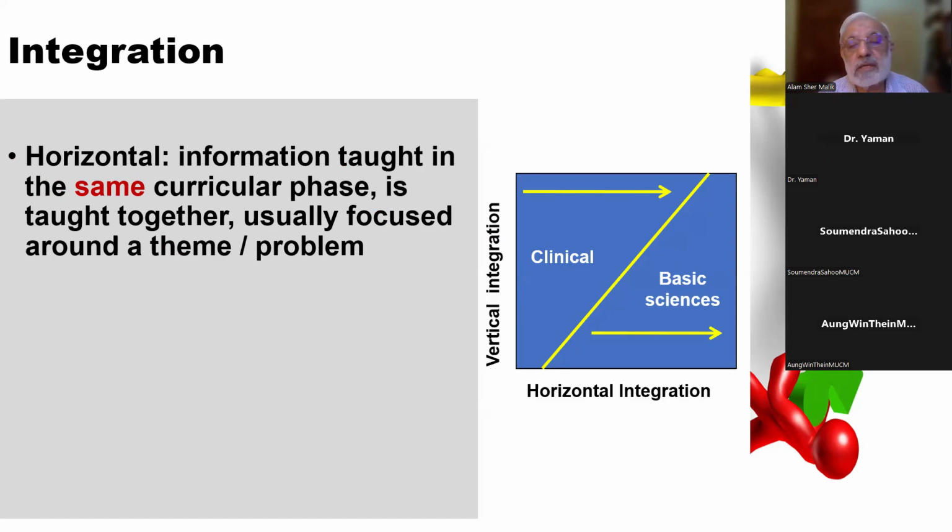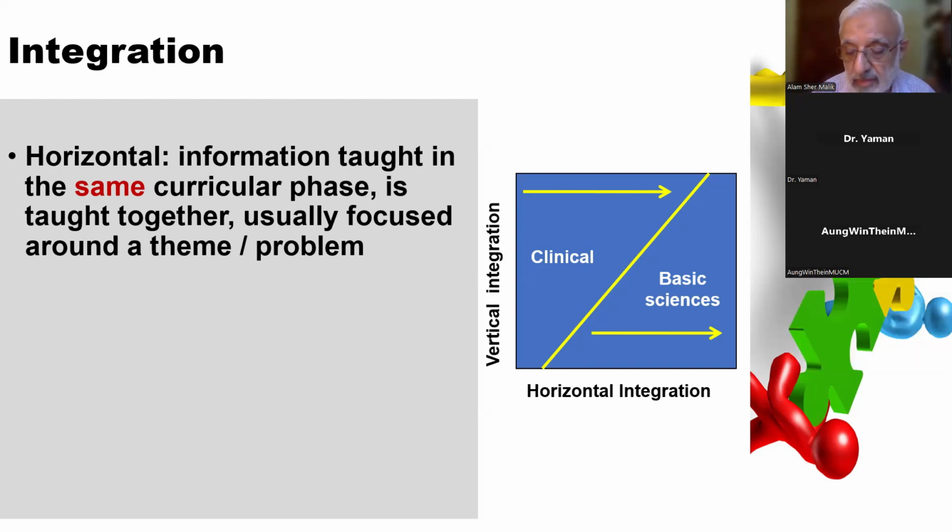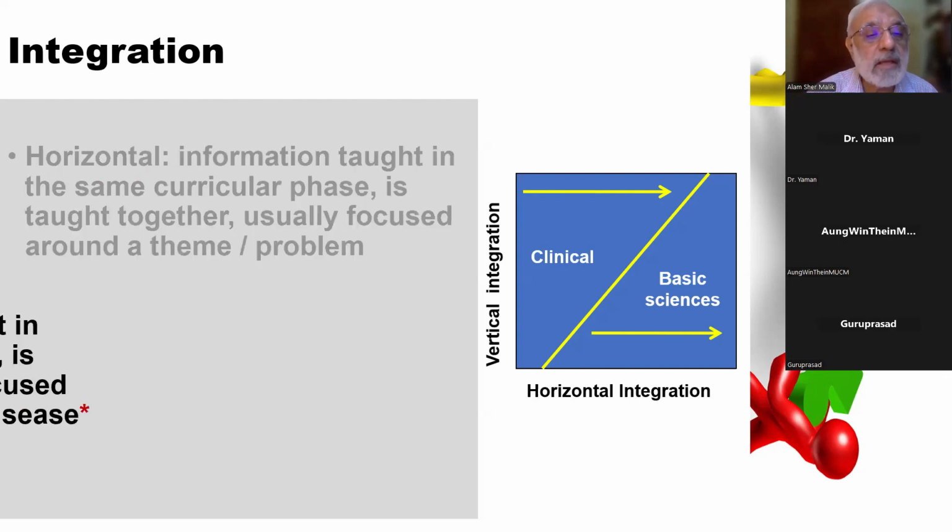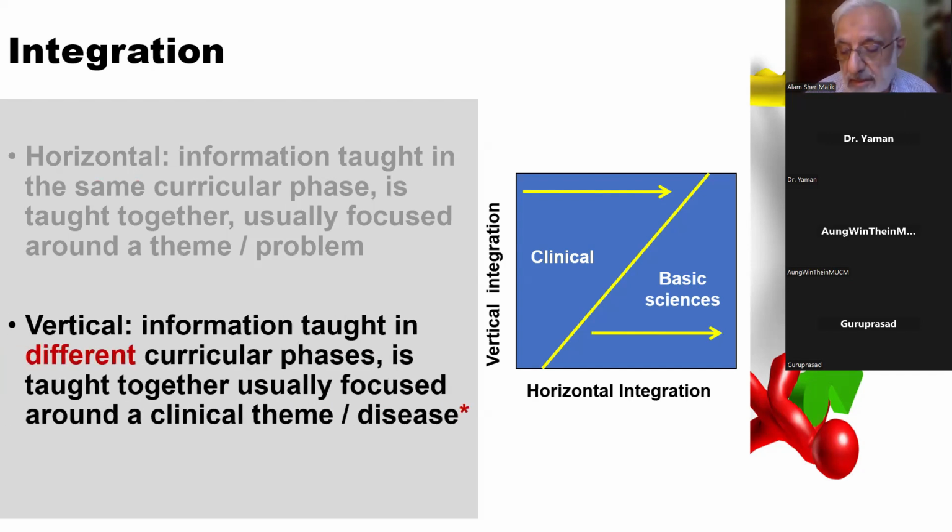So horizontal integration would mean that there is integration between these basic science subjects, or it can be between the clinical or phase 2 subjects. Whereas vertical integration means that information taught in different curricular phases is taught together.